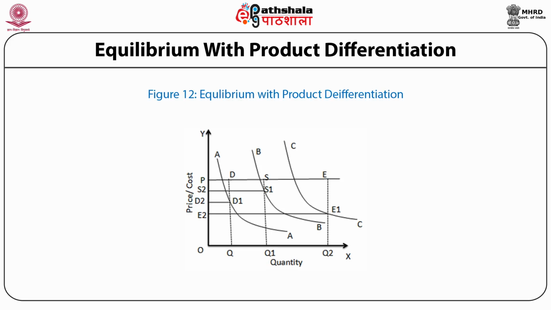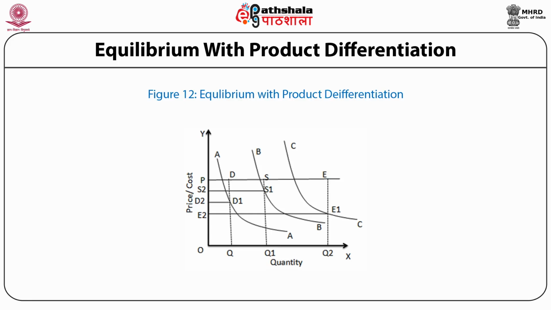For variety A, the firm is selling OQ level of output and getting PD1D2 supernormal profit. For variety B, the firm is selling OQ1 level of output and getting PS1S2 supernormal profit.